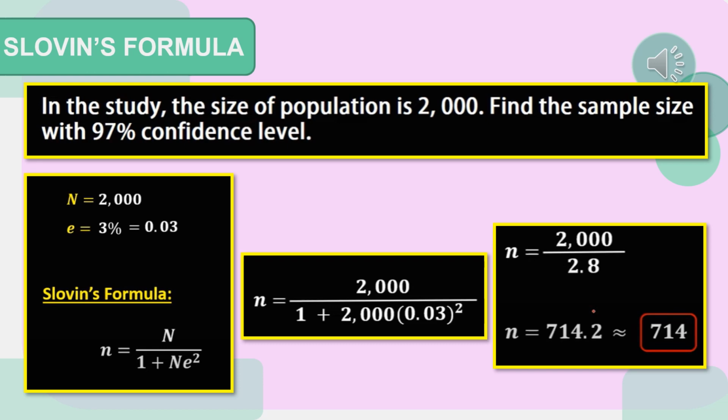Kasi, yung kasunod niya ay 2, therefore, hindi maapektuhan yung 4. So 714. Meaning, out of your 2,000 population, ang kailangan niya lang for your survey or for the respondents ay 714.